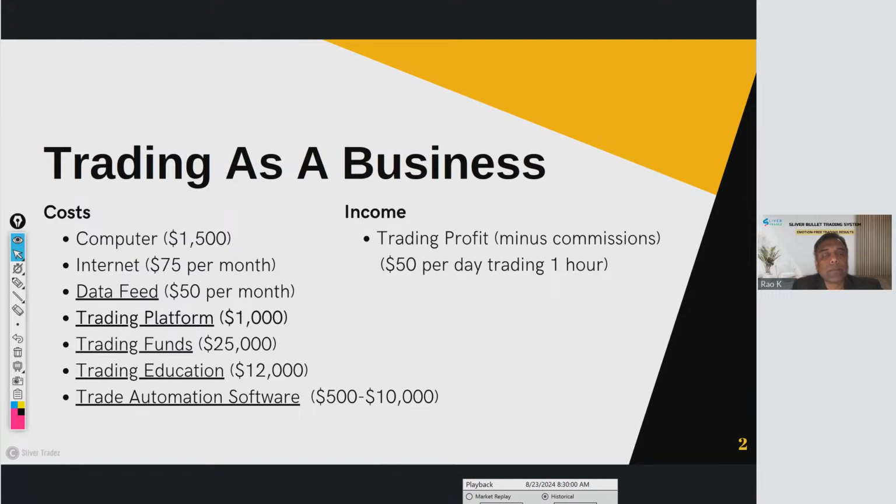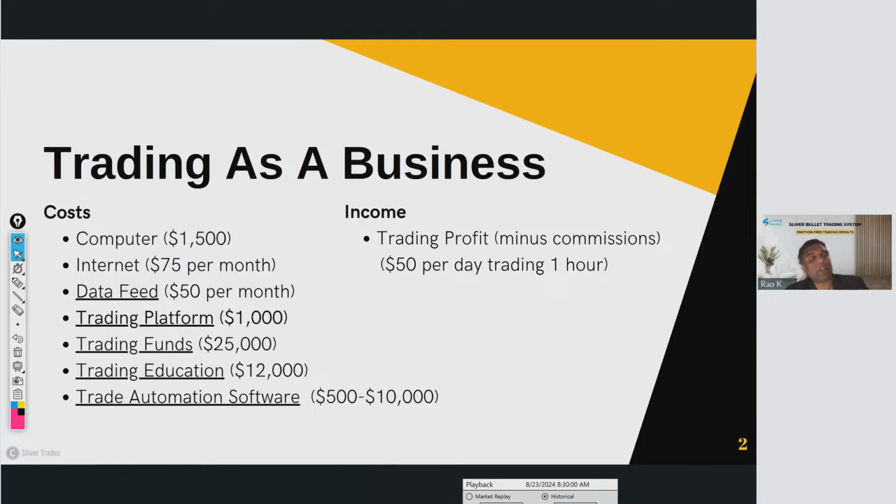These platforms come in different flavors. It could cost about $70 per month to $1,000 one-time fee to use a particular platform. The platform that we use and recommend costs about $1,000 one time, so I have taken that as the number.